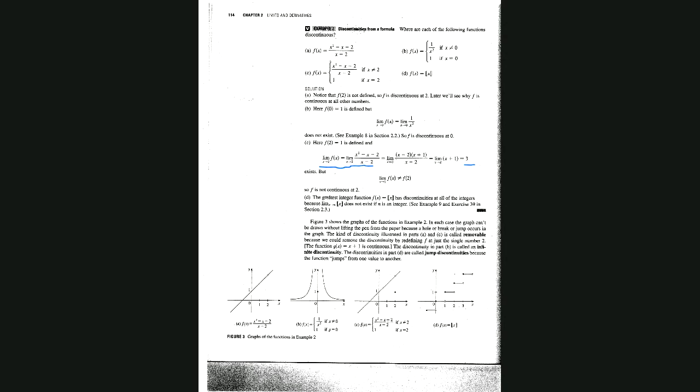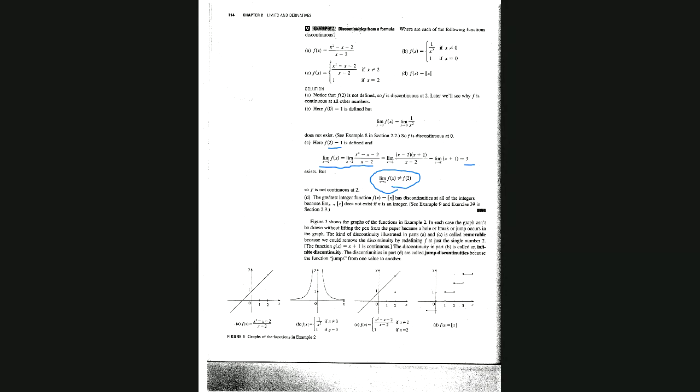But 3 is not equal to 1. f(2) equals 1 for this function in part C of example 2, but the limit as x approaches 2 of the function equals 3. And so the limit as x approaches 2 of the function is not equal to the value of the function at x equals 2. So it's not continuous at 2.